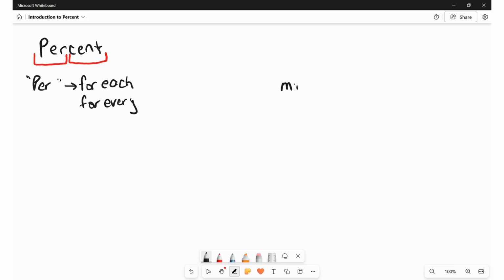We might talk about miles per hour. When we think about that word per, that means how many miles we travel for each or for every hour of time. Then we look at cent.